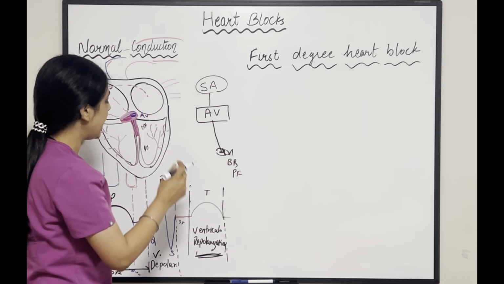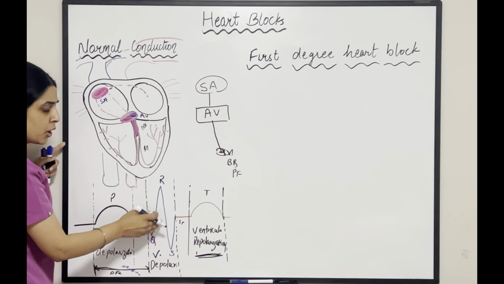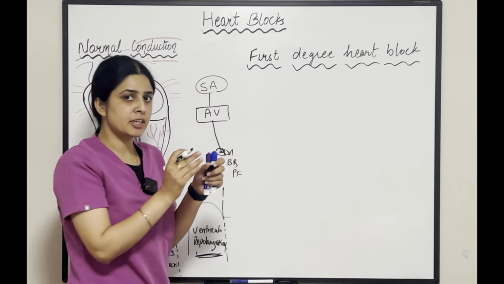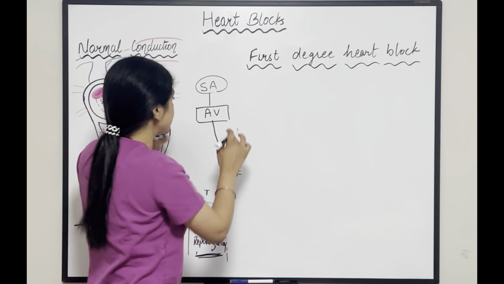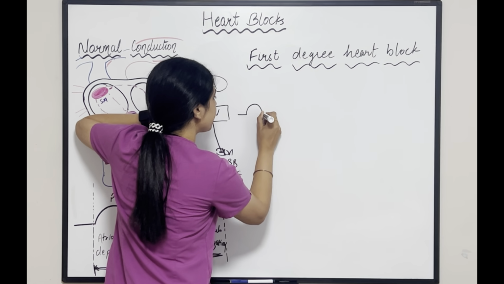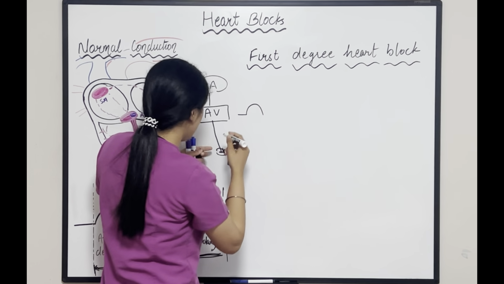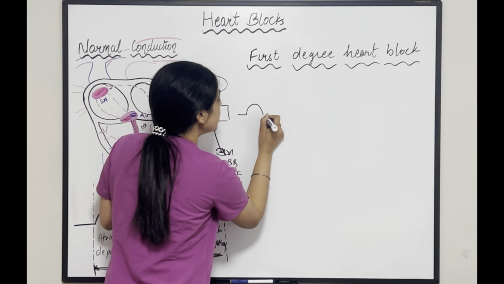That means every P wave is followed by a QRS complex, but the difference is in the PR interval. Whenever the SA node sends an impulse to the AV node, the P wave forms, but now it takes more time to reach the ventricle.